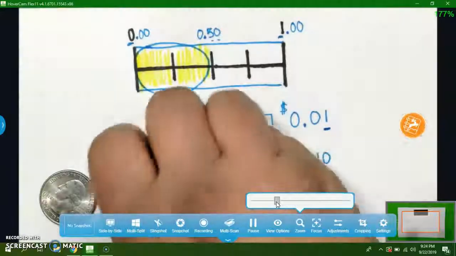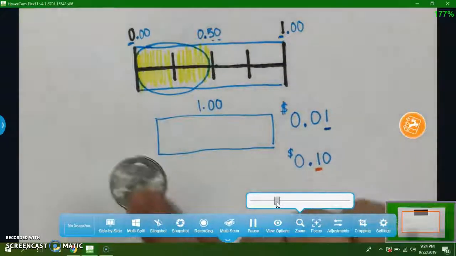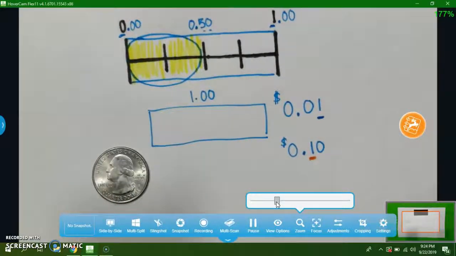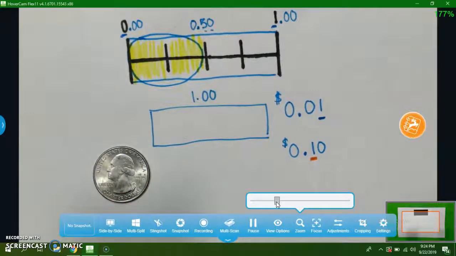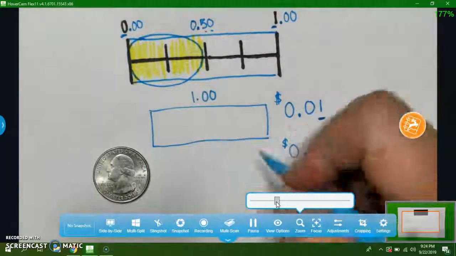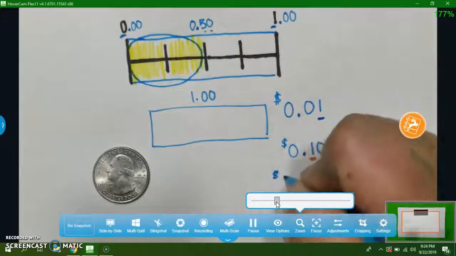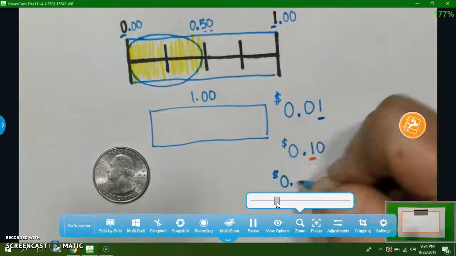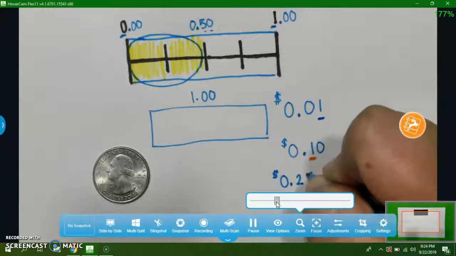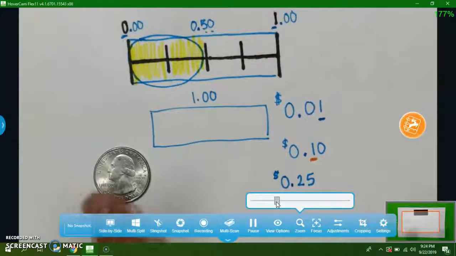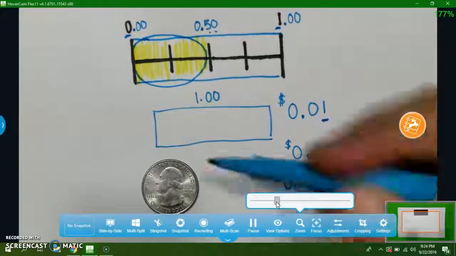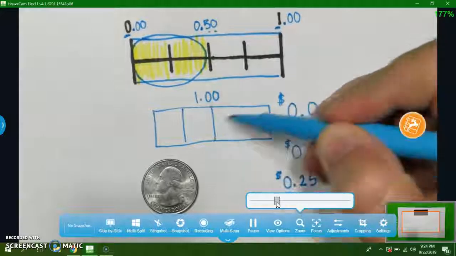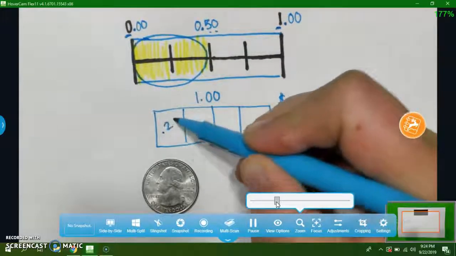And then one last thing is our quarter. Now, how many quarters does it take to make our whole dollar? It takes 4. That's because each quarter I have $0 and 25 cents. And if I had all 4, then I would have a dollar.